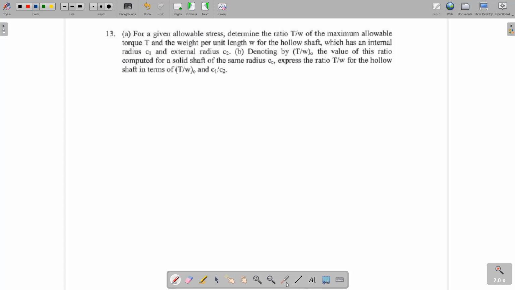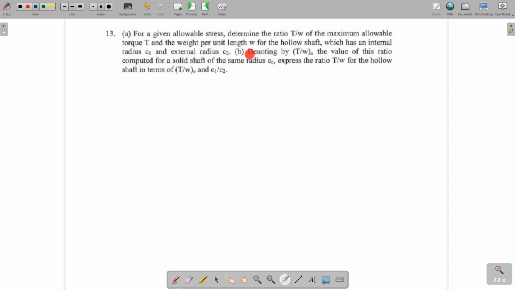First of all, let's go through the questions. For a given allowable stress, the ratio torque over W, where W is the weight per unit length, of a hollow shaft, which has an inner radius C sub 1 and an outer radius of C sub 2. So you are asked to determine that ratio.